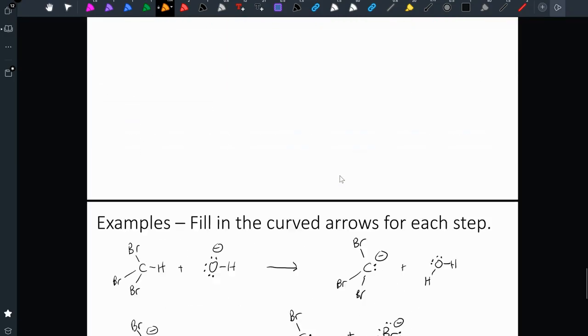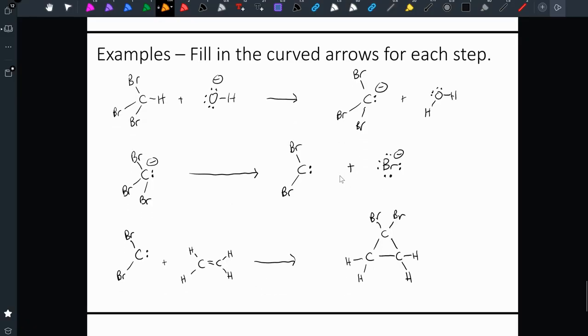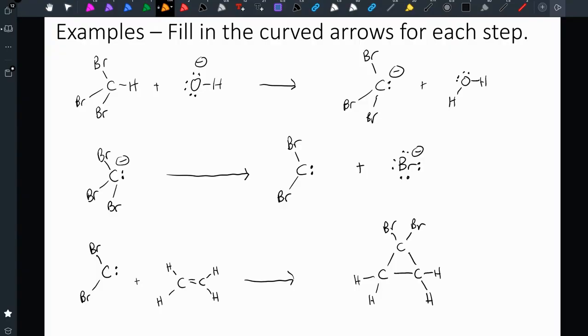Let's do one last one, and this is where I've put together 3 reaction steps. And I want you to come up with the curved arrows that would complete each step in this reaction sequence. So you'll notice the product of step 1 goes into step 2.